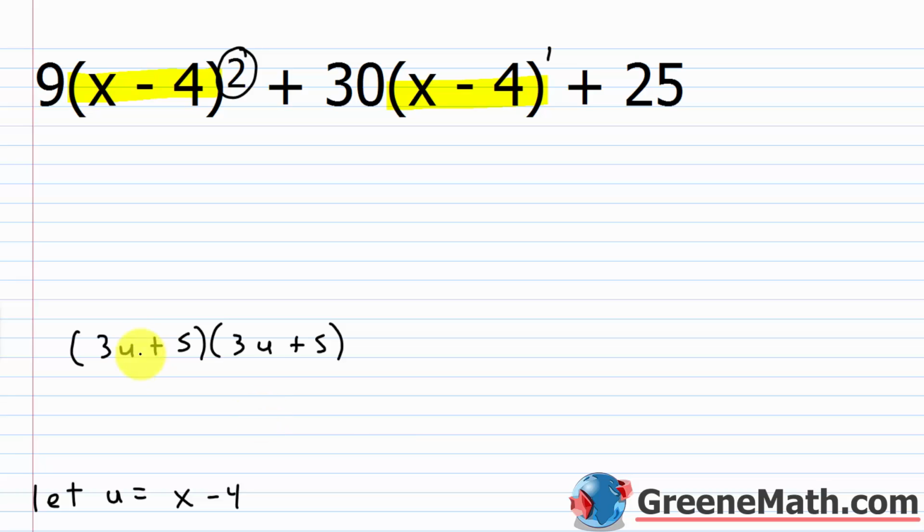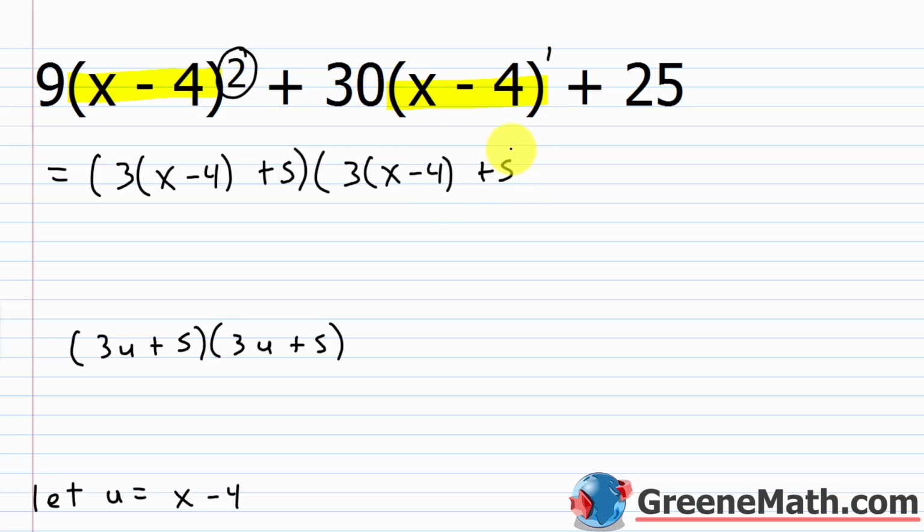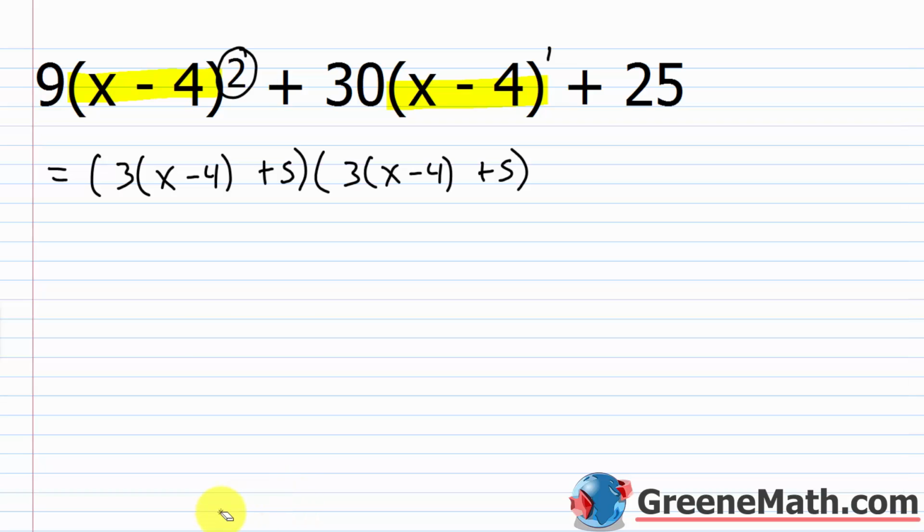So let's go ahead and erase all this. And what I'm going to do is replace my u with my x minus 4. So I'm going to say this is equal to 3 times x minus 4, make sure to use parentheses, then plus 5 times 3 times, again, inside of parentheses, x minus 4, and then plus 5. Okay? So let's see what we can do to simplify here.